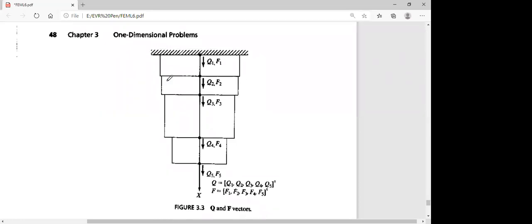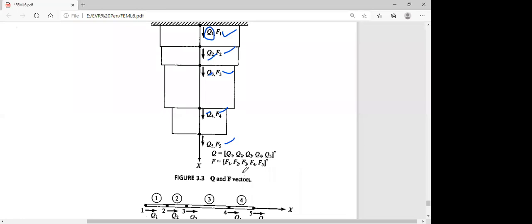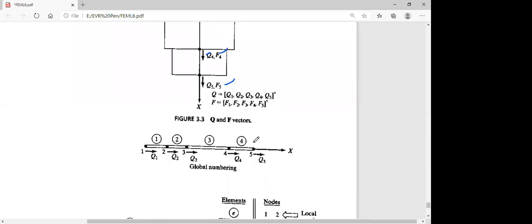In this figure, each node has a deformation: at node 1 the deformation is Q1, at node 2 Q2, Q3, Q4, and the loads are F1, F2, F3, F4, F5. Q is a column vector, and F is again a column vector.